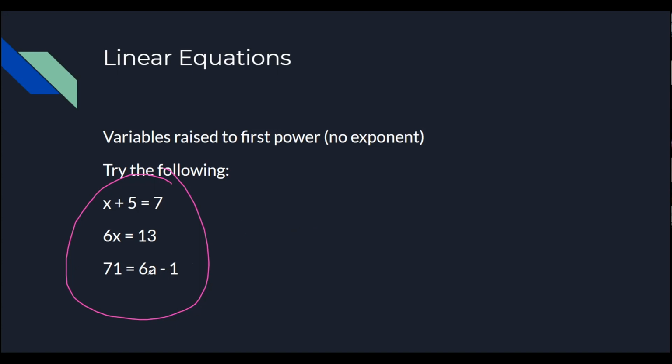In this case, you're not finding x, but like I said, variables can be any letter. Daniel. Turn the 71 into 72 divided by 6 and then add 1, and that's it.